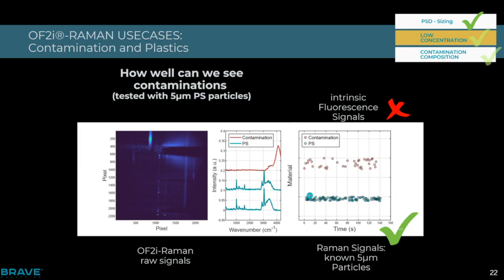And back then we did not know how fast our system actually works, because we used, for example, this 5 micrometer standard, and we could clearly identify their material on lots of particles in real time. And when we presented this to different people, we are able to get below 20 micrometers in real time and measure directly in liquids, contaminants, but also the plastics.